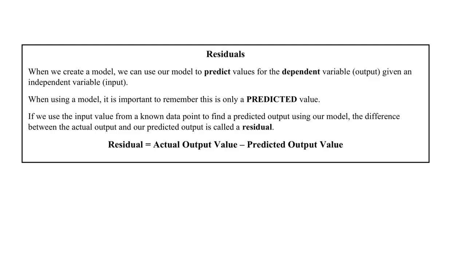So when we're not right on the model function line, then we have this thing called the residual. And the residual is equal to the actual output value minus the predicted. An easy way you can remember this is you are in an AP class. It's A minus P, actual minus predicted.